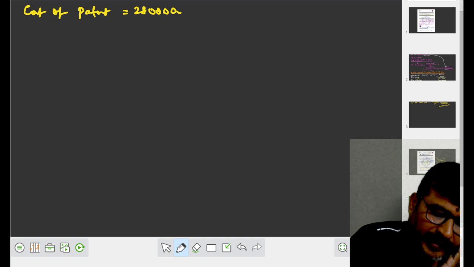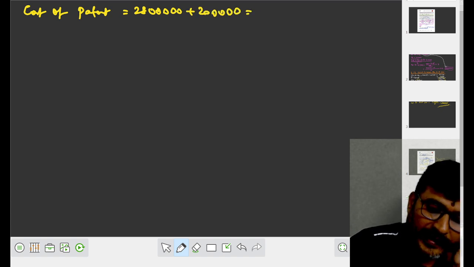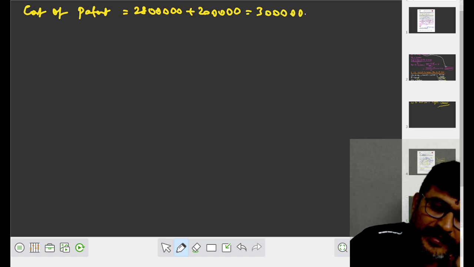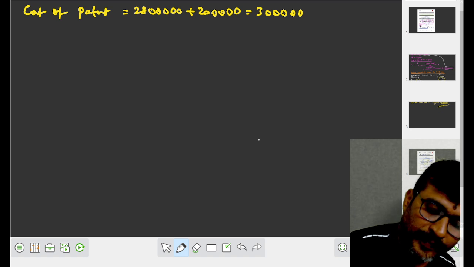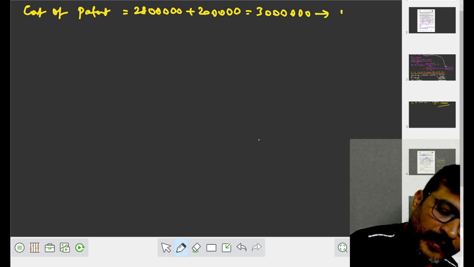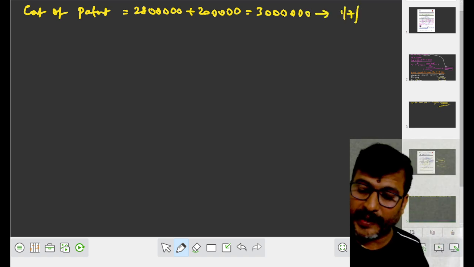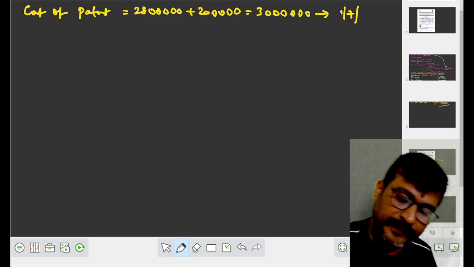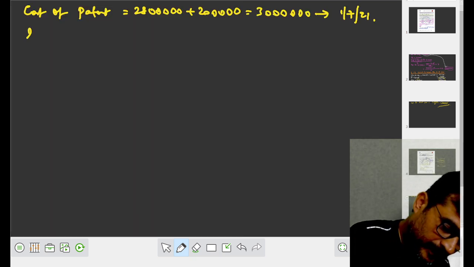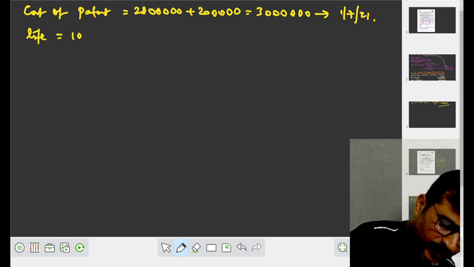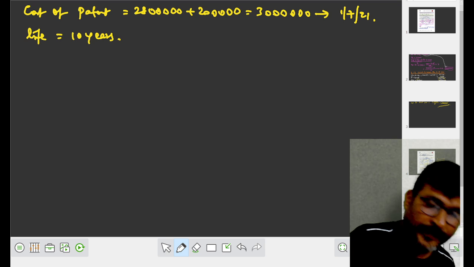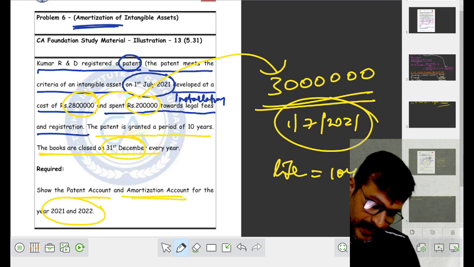Cost of patent 28 lakh plus 2 lakh, it comes to rupees 30 lakh. On 1st July, what is the year? 21. Life is how many years? Life is 10 years. That's all right.